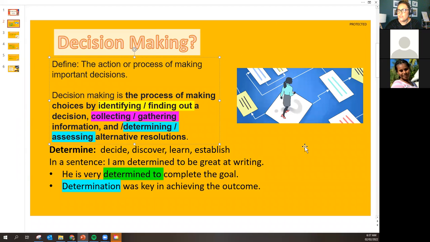So that's why I've got the word there, assessing alternative resolutions. So determining also means assessing. So it's the same word, so you can choose either word. You can write those words down, that's fine. Determining and assessing. I think we learned about assessing yesterday. That was a really, really great word that we could use in our writing as well.